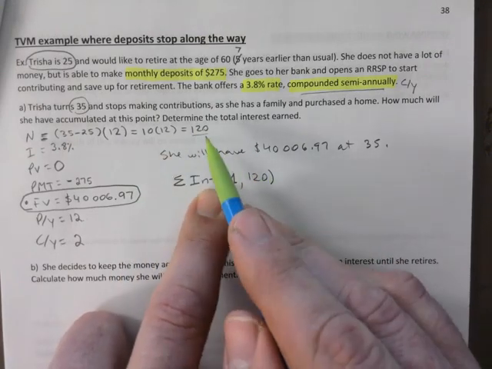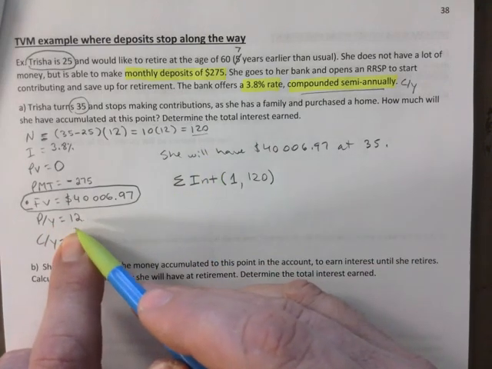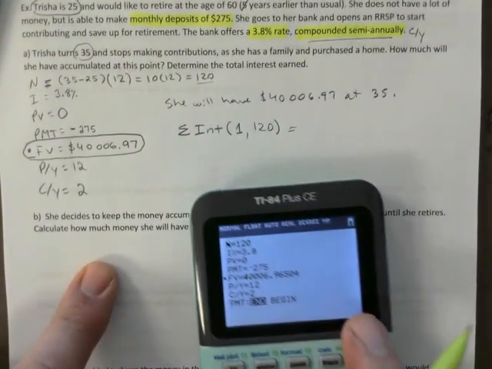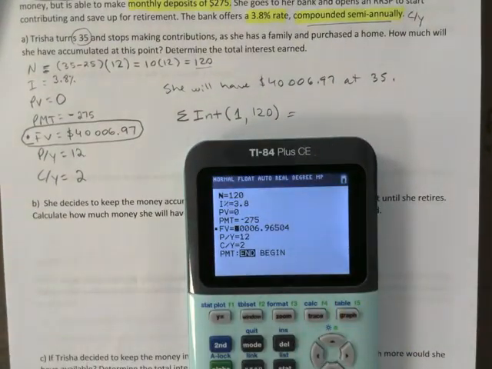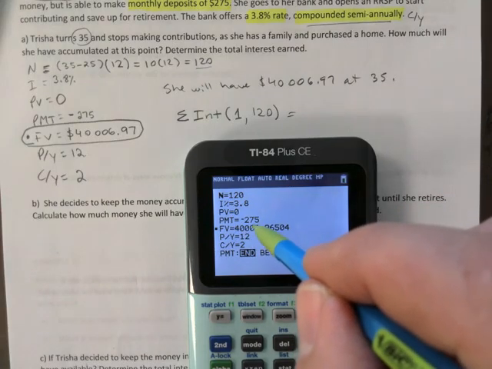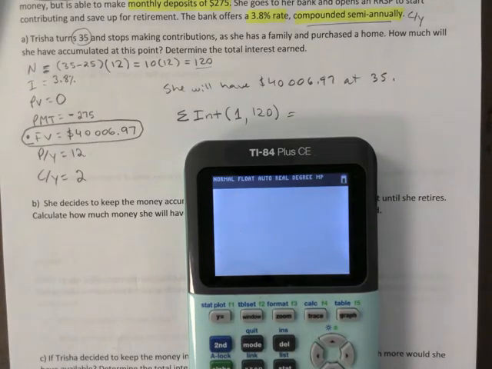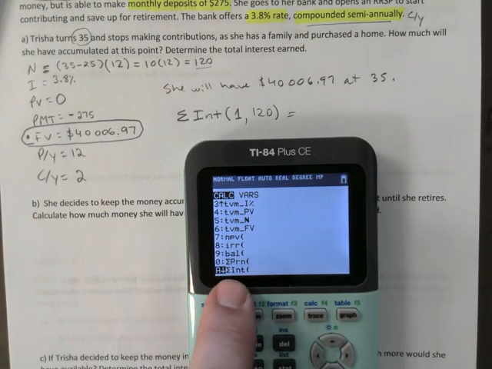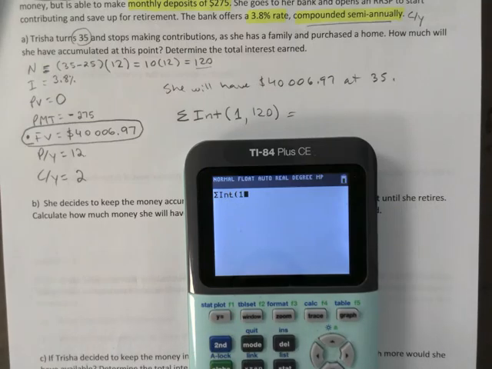It's always based on what PY is, right? So let's do that. You must quit the screen before you do it, or else it will insert sum of interest here. So you have to quit this, then repeat that. It's very tedious. And sum of interest is right there. So you go 1, 120.